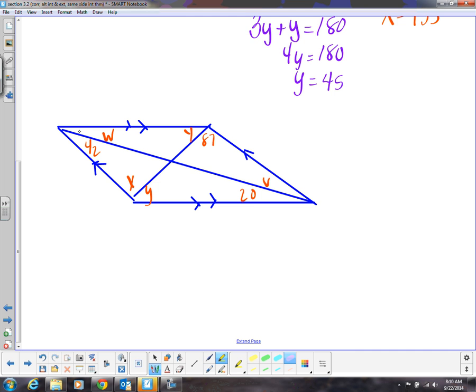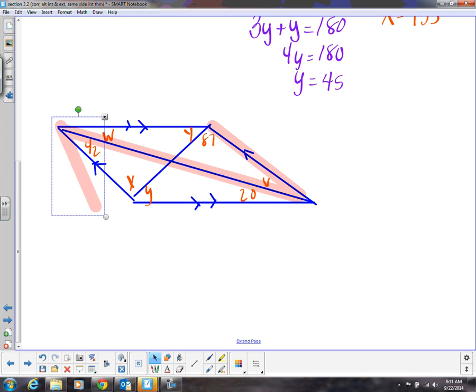So let's start with 42. I'm going to trace the sides of 42 because I want to try to form a Z. What do we know with Z's? Do you see the Z? Yes. Okay, the Z. So what kind of angles are on a Z?